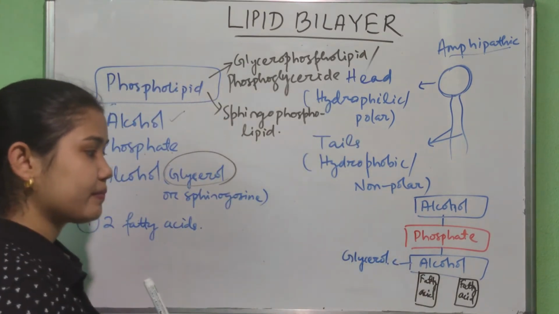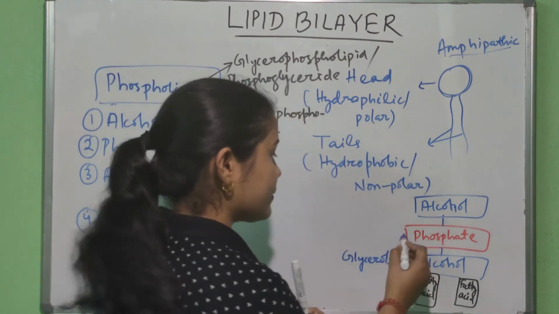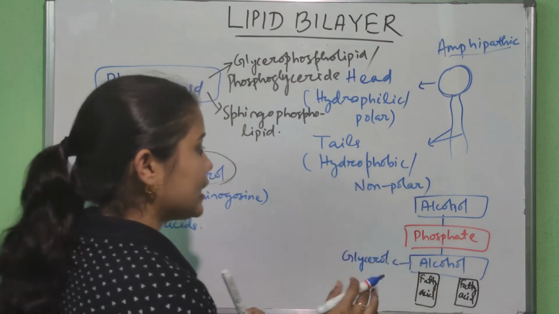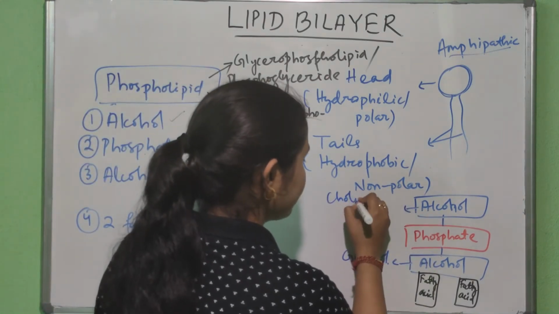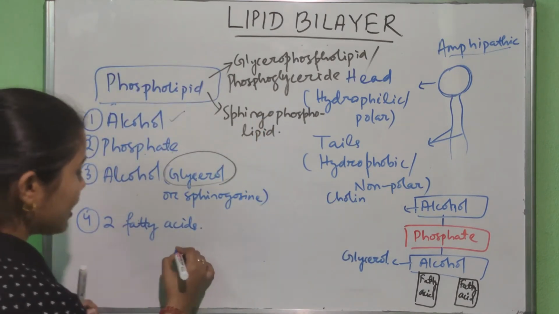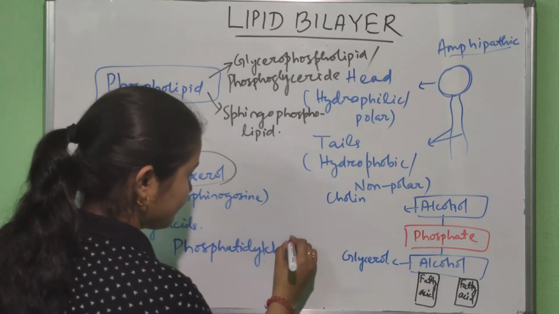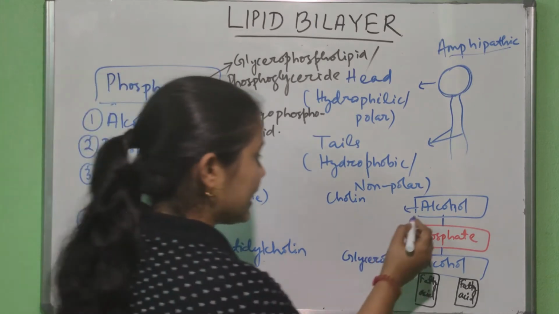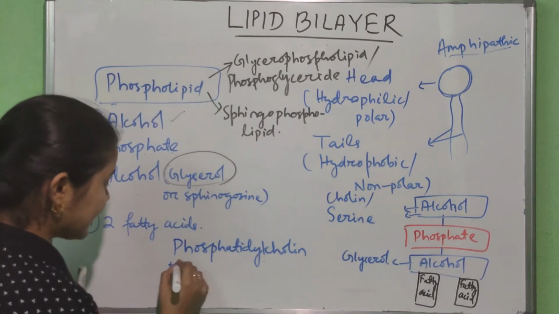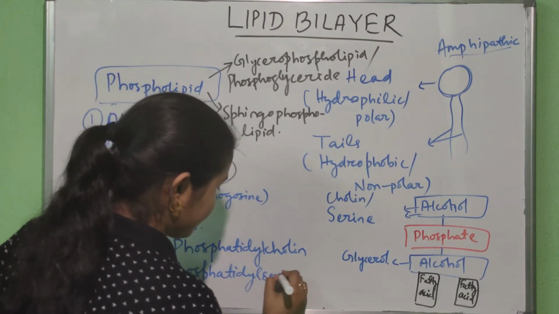Clear? And according to the alcohol that is attached to the phosphate group, the phosphoglycerides are of different types. For example, if this alcohol is choline, then that kind of phosphoglyceride will be known as phosphatidyl choline. And if this alcohol is serine, then that kind of phosphoglyceride is known as phosphatidyl serine.